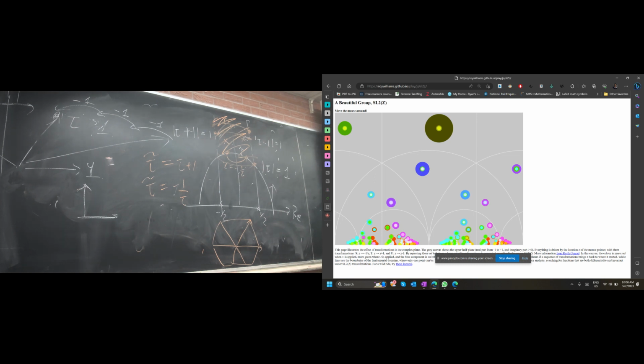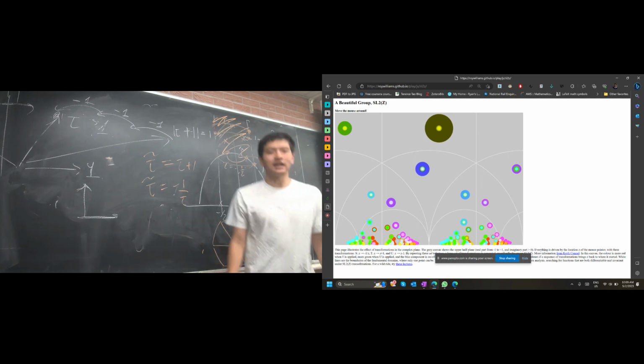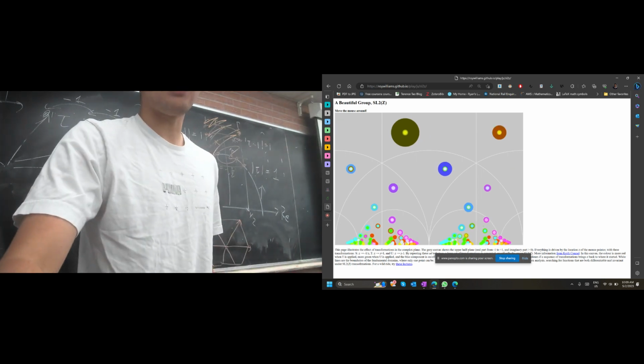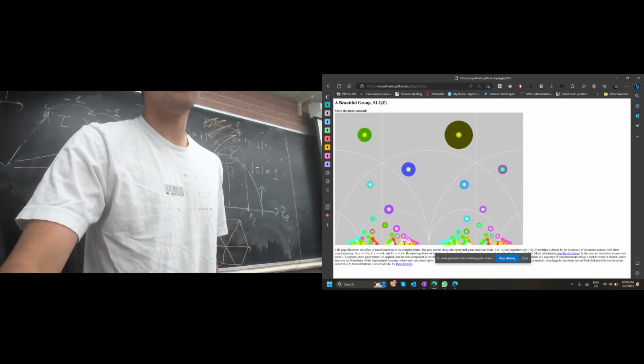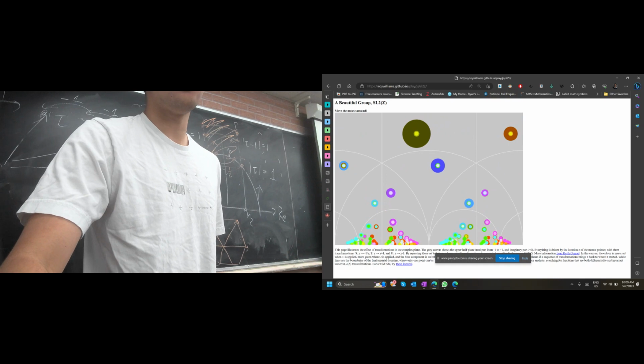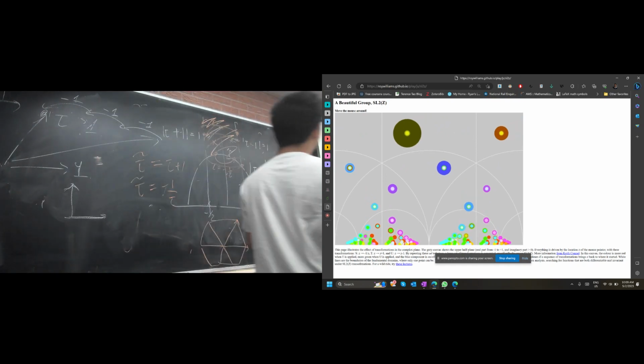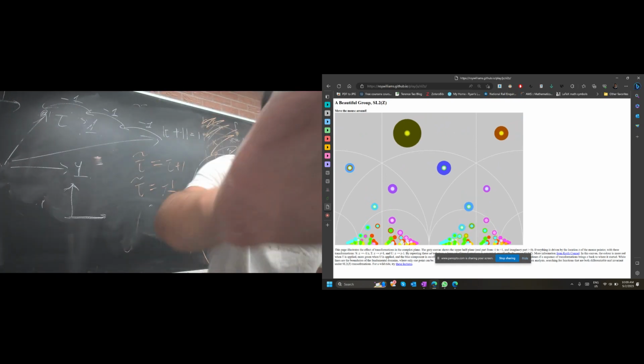This to this is tau to tau minus one, this to this is tau to negative one over tau, and each of the points here represents the same elliptic curve. So although the taus are different, they represent the same lattice, and you can move this around, and that corresponds to different elliptic curves. Okay.